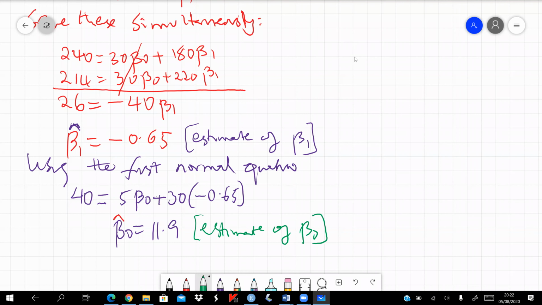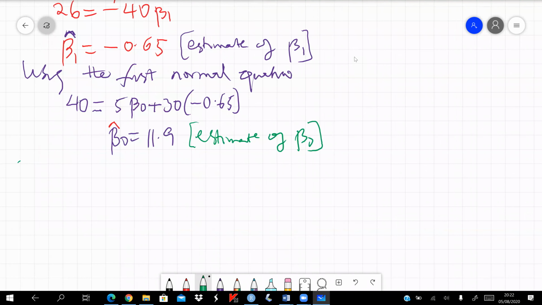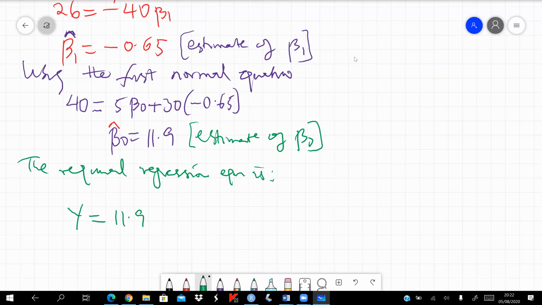Okay. So now with those two, you can write your regression equation. The required regression equation is y is equal to beta naught 11.9 plus beta 1, which is minus 0.65 x.